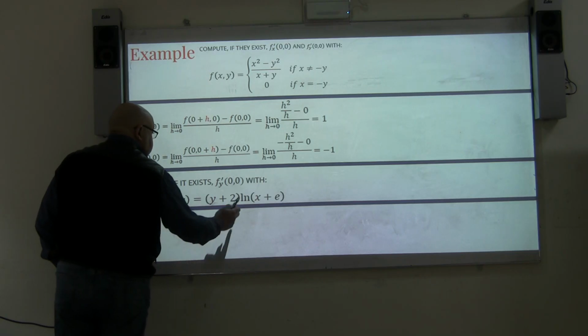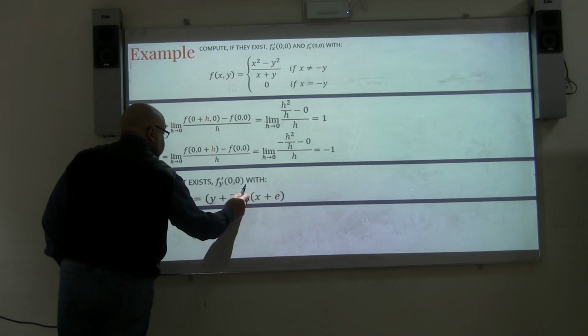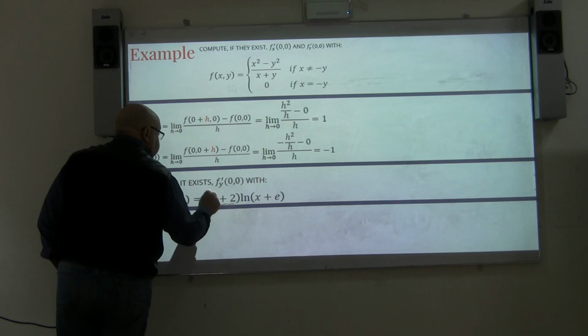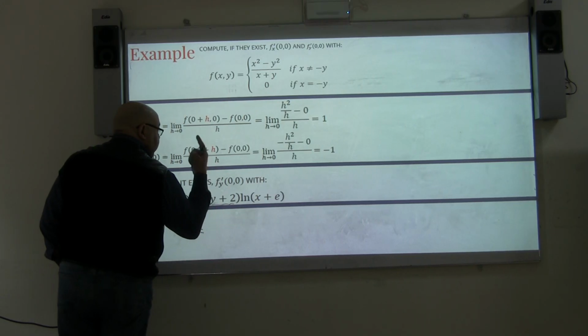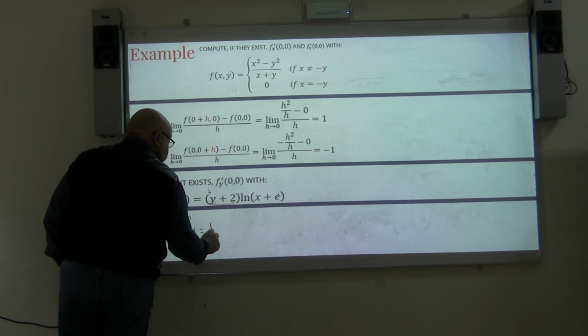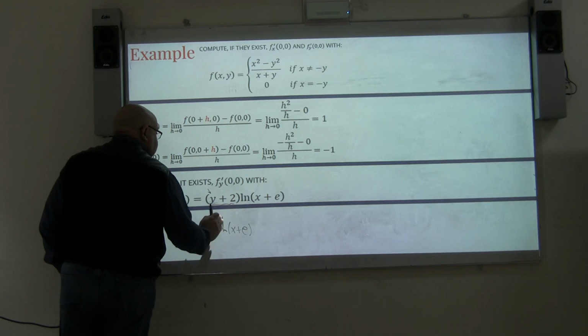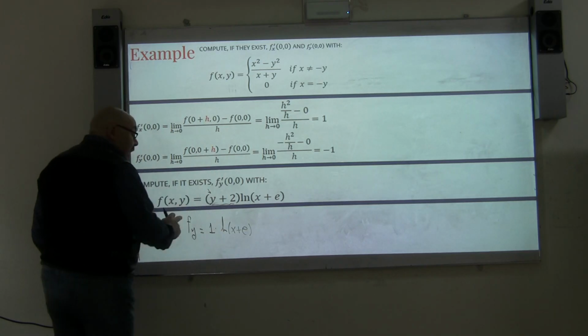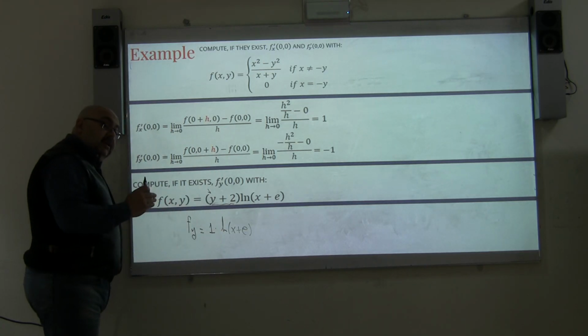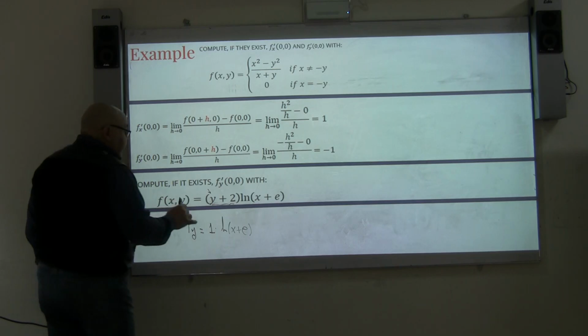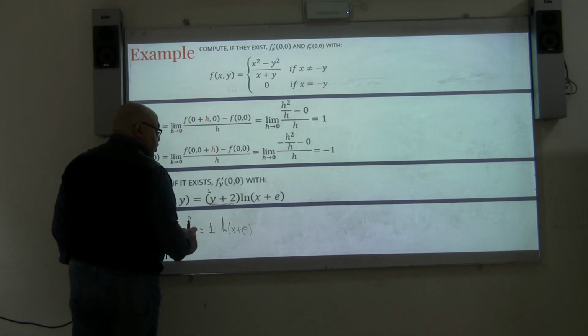So if I want to do this, it's going to be f with respect to y, which is going to equal: this guy is a constant. The only thing that will be differentiated is y. The derivative of y is equal to 1, so it's going to be 1 times ln of x plus e. That's the derivative of this function with respect to y. But I don't need the main function. I will need to evaluate f dash y at the origin.